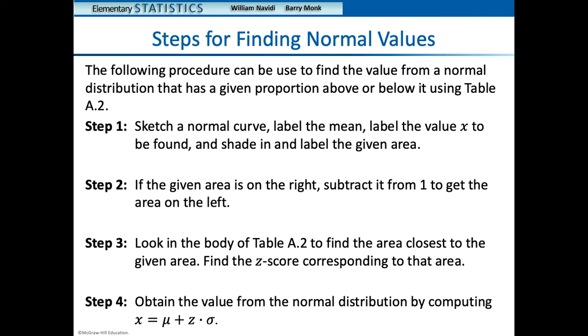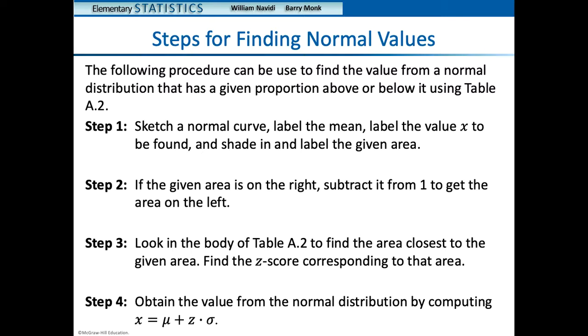So here is the step-by-step procedure that we would follow for finding a value from a normal distribution that has a given area. Again, I would always recommend going ahead and sketching the normal curve. The mean should be a given value, but in these examples, the area is what's given, not the data value itself.